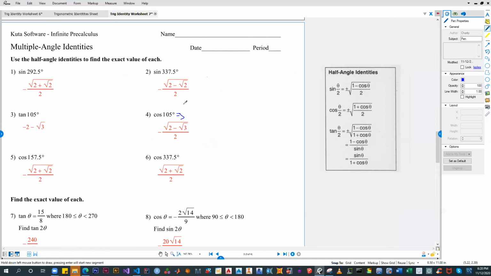So this next one right here, same thing. It's 210. So let's say square root of 1 plus cosine of 210 over 2. And let me just see.